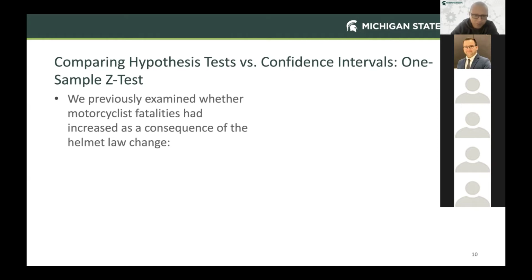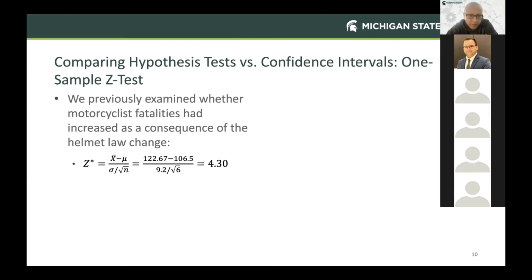And so in this case, we're going to compare a one sample z-test to the development of a hypothesis test procedure. And so you may recall in previous lectures, we've examined whether or not motorcycle fatalities had increased as a consequence of Michigan's helmet law change that occurred now roughly 10 years ago. And so you may recall from those tests, we had collected sample data that showed after the helmet law was weakened, we had experienced an average of just under 123 fatalities per year.